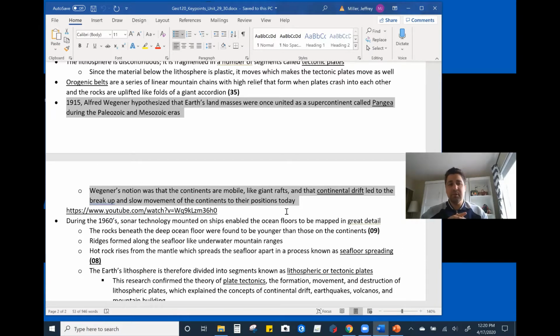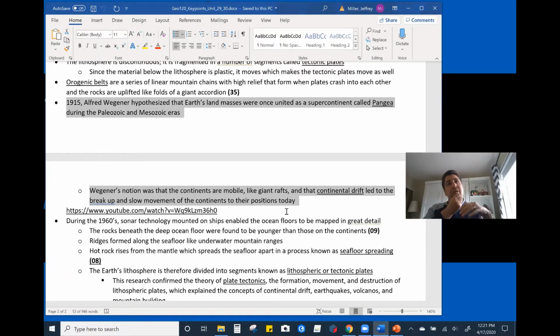Okay, this was during the Paleozoic, Mesozoic eras, when dinosaurs were roaming around, basically, is what we're talking about. Hundreds of millions of years ago is when this Pangaea existed. Now, Wegener hypothesized that there was a notion that the continents, like we just said, they float around.